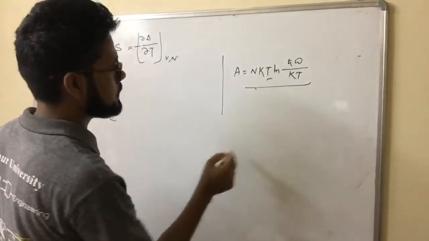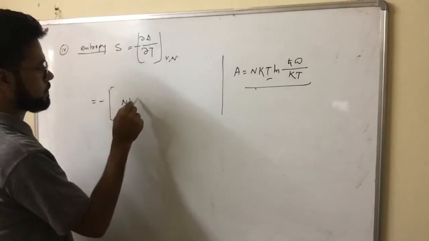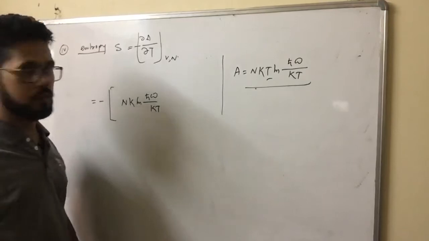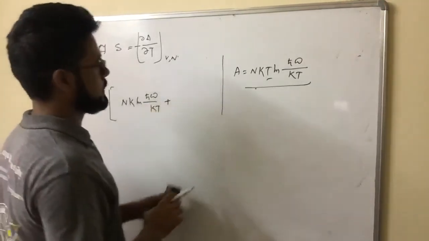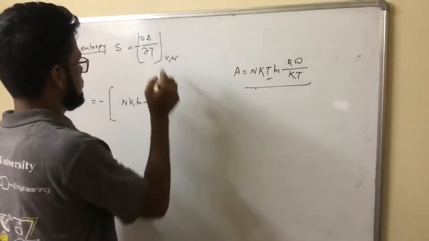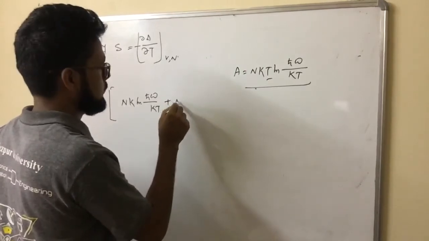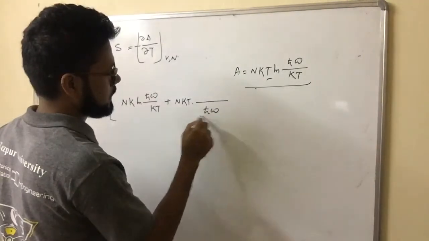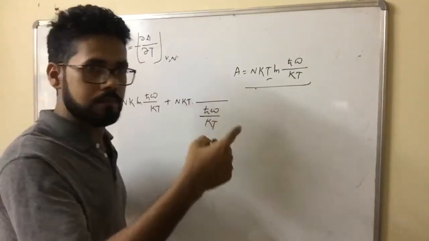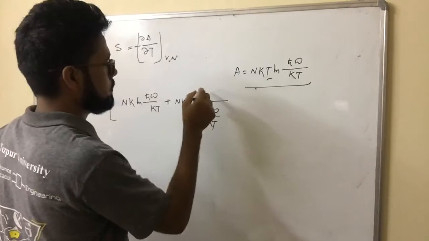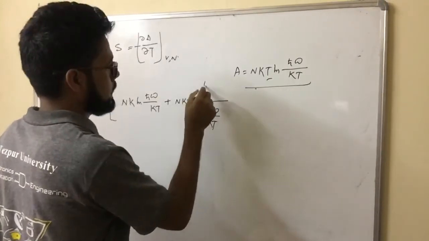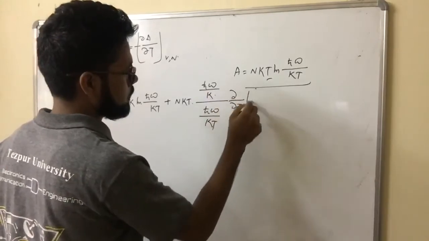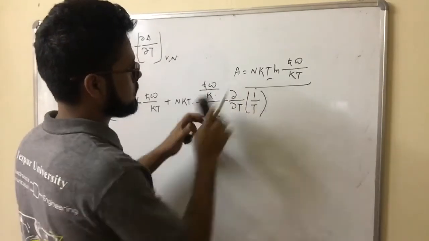You have to do the differentiation. The first term is nk ln(h cos omega by kT). Second term will be nkT times the derivative of the logarithm of h cos omega by kT, 1 by x, differentiation of log x. Then it will be h cos omega by k, then d by dT of 1 by T, right? This is the calculation you have to do.